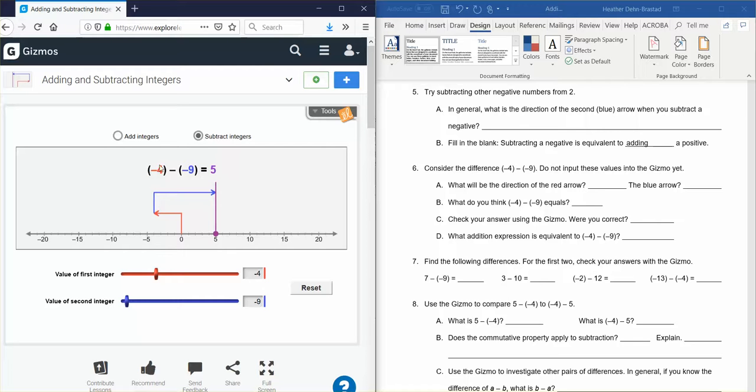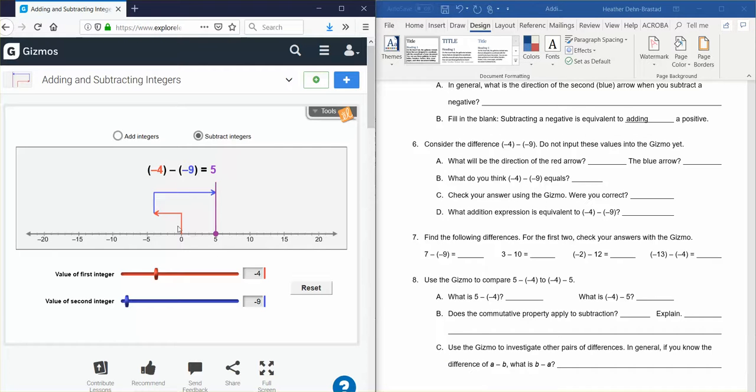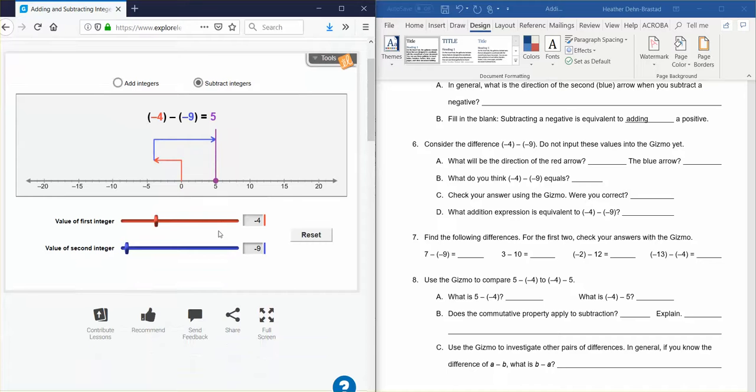That's the same as negative 4 plus 9, and we get 5. So negative 4 minus a negative actually goes to the right, and we got back to 5. So you can use this Gizmo to work or to check when you do your subtracting integers worksheet.